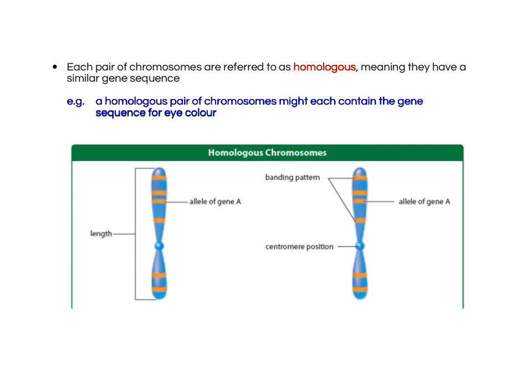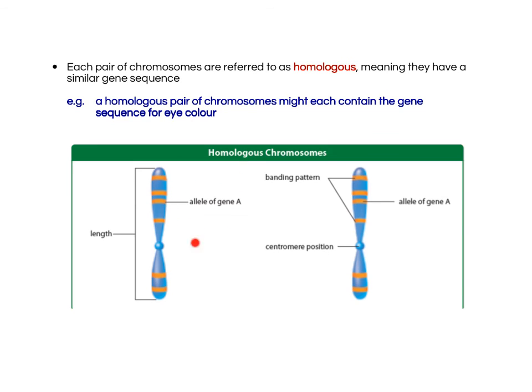But we would pair chromosomes up and determine that they were homologous based on a few identifying factors, one of which is length, and another one of which is our banding pattern, as we saw in the karyotype. So these two chromosomes might be identified as being the homologous pair because of those, as well as the position of the centromere.